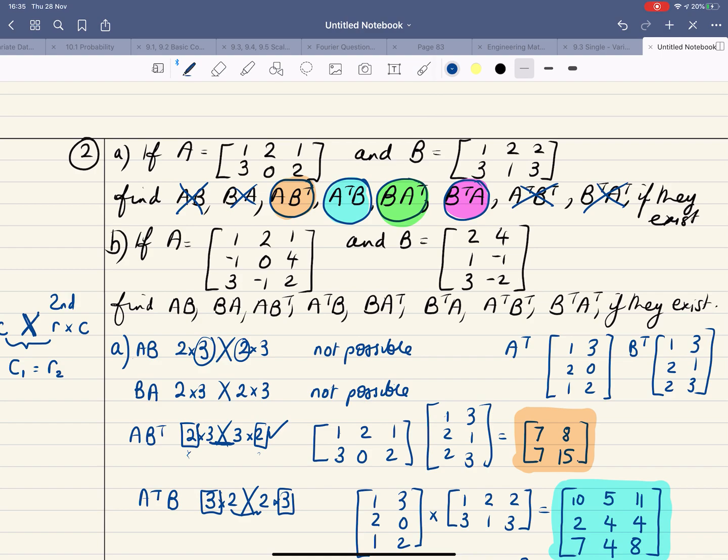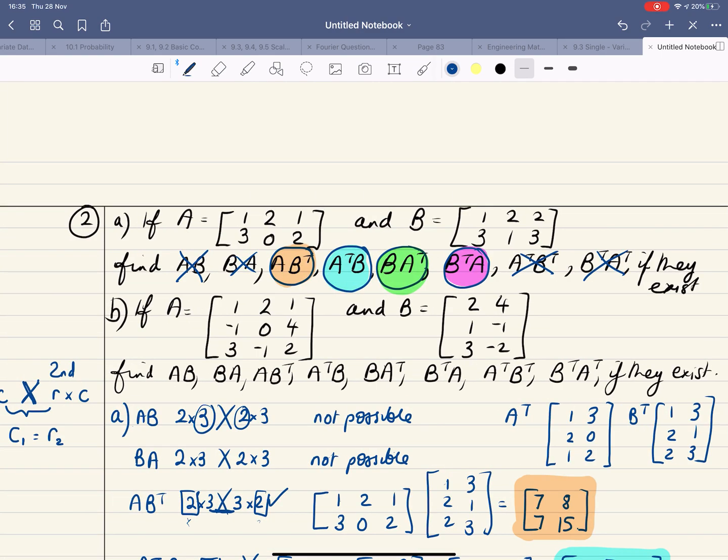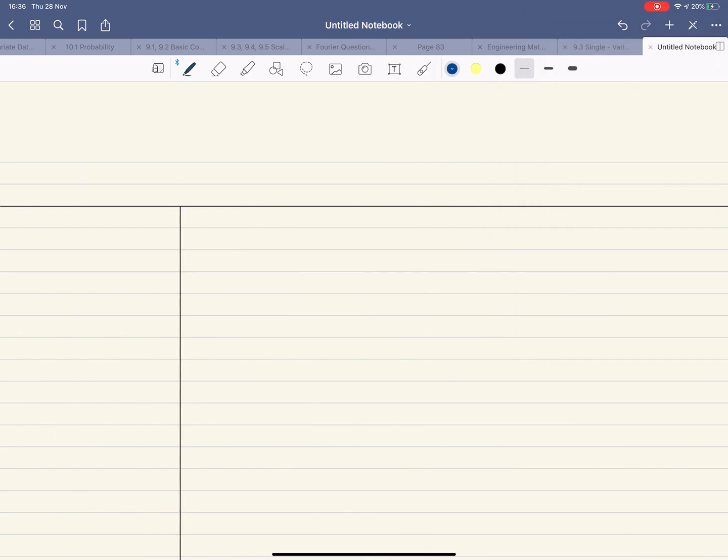Okay, so plus a fresh page. So this is 2B.